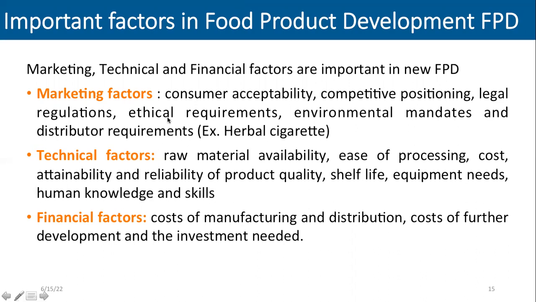And technical factors, that belongs to our students. You have the technical knowledge and experience, and raw materials availability. If we are going to introduce a product, but nowadays, take the famous Three Portion, the factory is already closed. What is the reason behind that? Lack of raw materials availability.